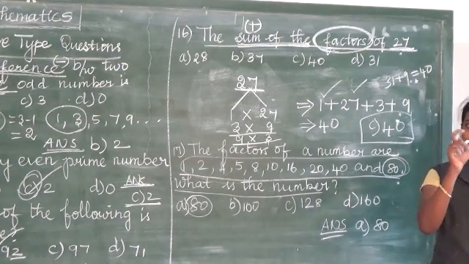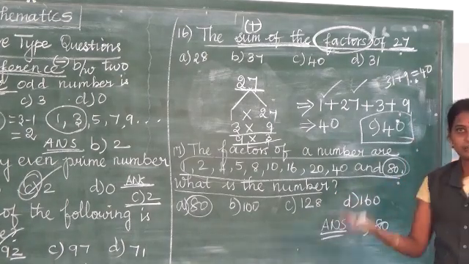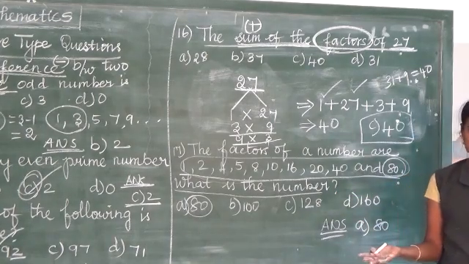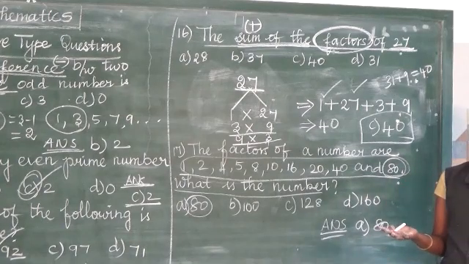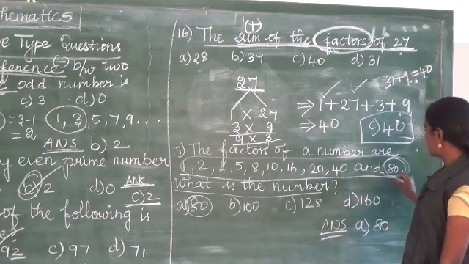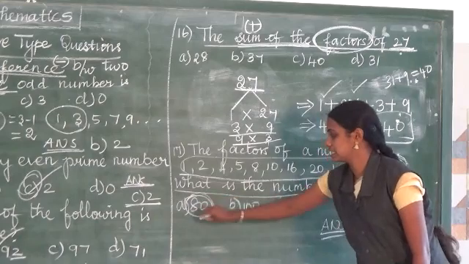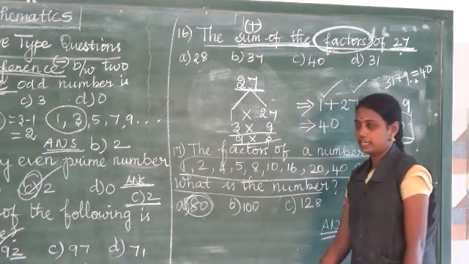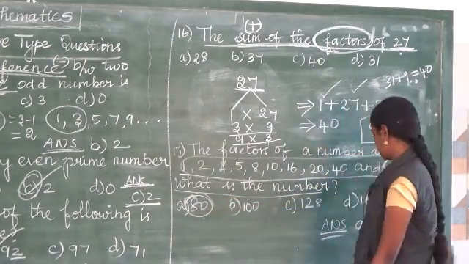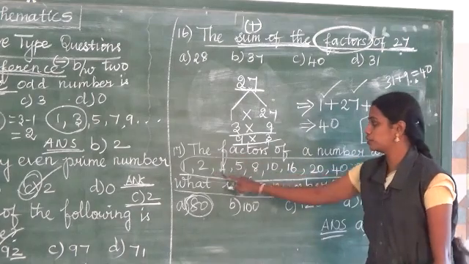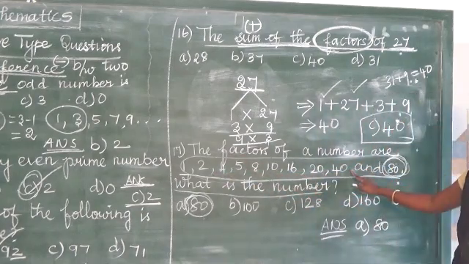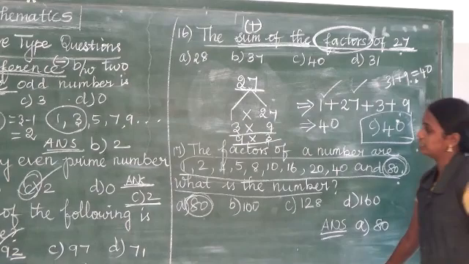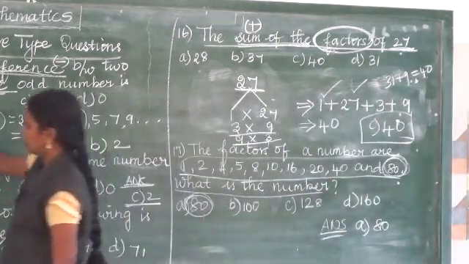Like factors of 4: one of the factors will be the answer. So from this you can find 80, and 80 is here. So 80 will be the answer. The number is 80, the factors are 1, 2, 4, 5, 8, 10, 16, 20, 40 and 80. Then question number 18 now.